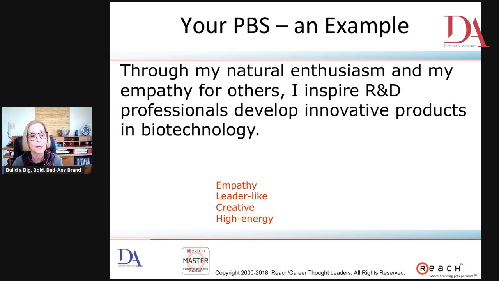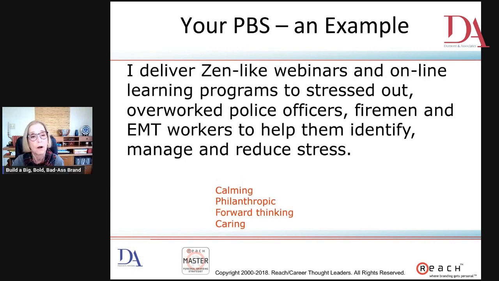So this personal brand statement says, through my natural enthusiasm and my empathy for others, I inspire R&D professionals to develop innovative products in biotechnology. Okay, so that's got strengths, enthusiasm and empathy. It's got results, innovative products in biotechnology, and it's got her target audience, R&D professionals. All done.